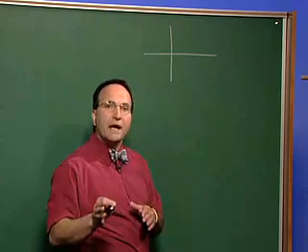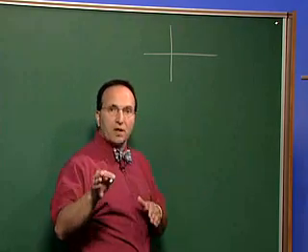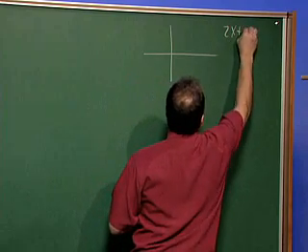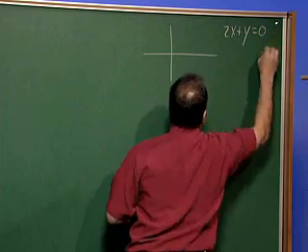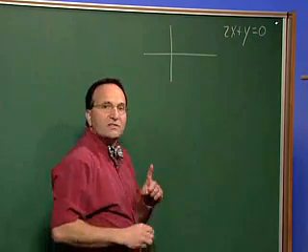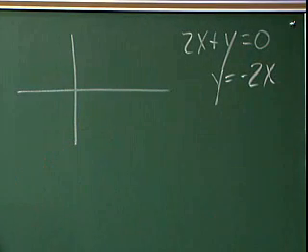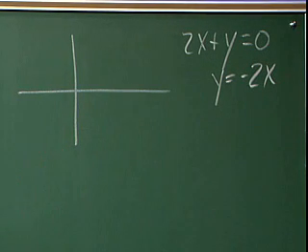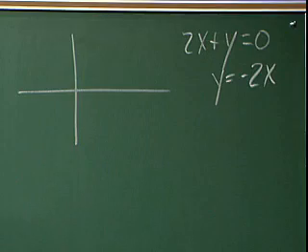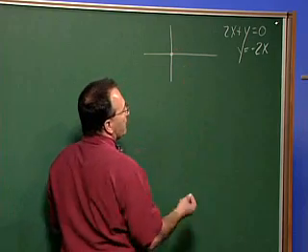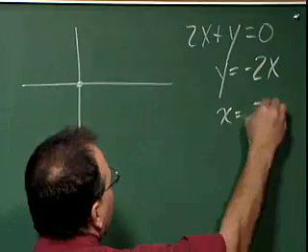We have the equation 2x plus y equals 0. Well, that also means that y is equal to negative 2x. And if I can choose any point, of course, other than 0, 0, which would be the origin, let me pick, for example, x equals 2.